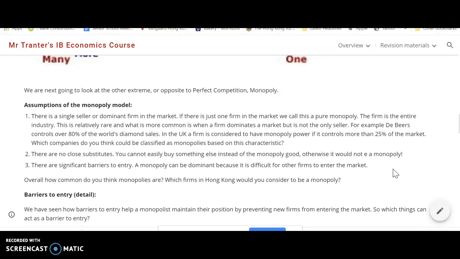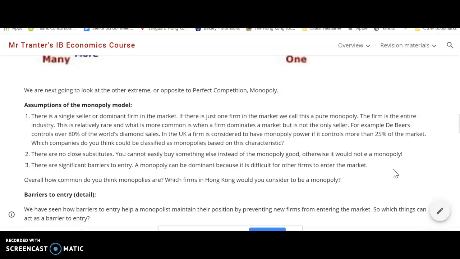So the diagram for the industry and the diagram for the firm are the same thing, because there is only one. That tends to be relatively rare, but it does exist, especially in things like nationalized industries and utilities, such as electricity provision on Hong Kong Island with Hong Kong Electric, or in Kowloon with CLP, the post office. Those sorts of things are monopolies.